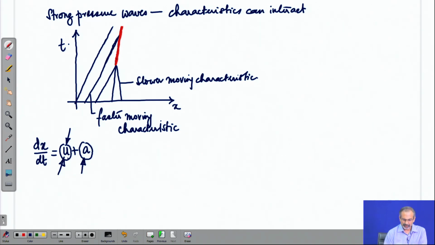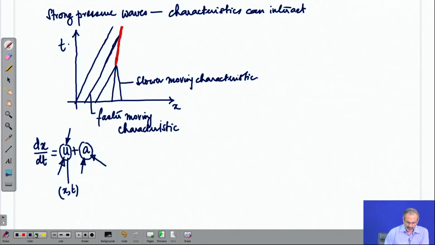And the local flow velocity is certainly a function of x and t. For strong pressure waves, even a can be a function of x and t.